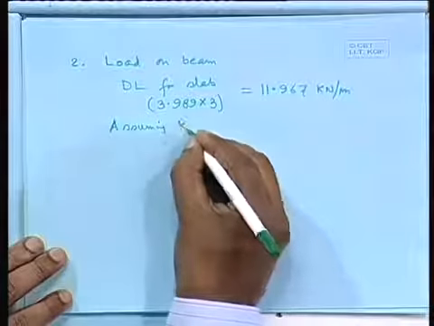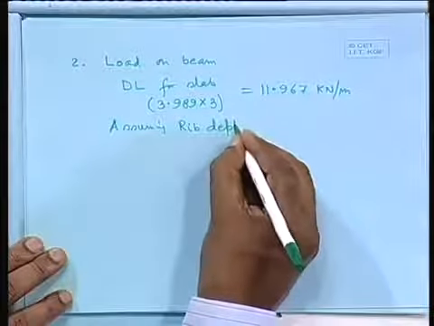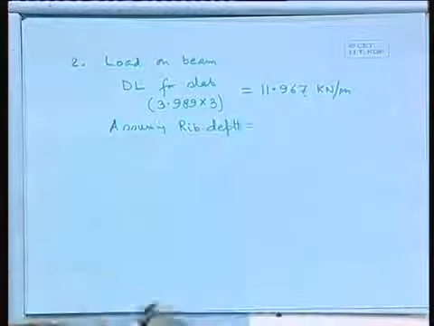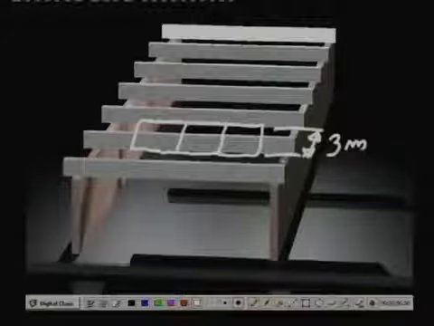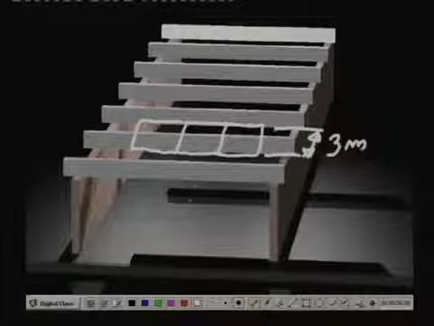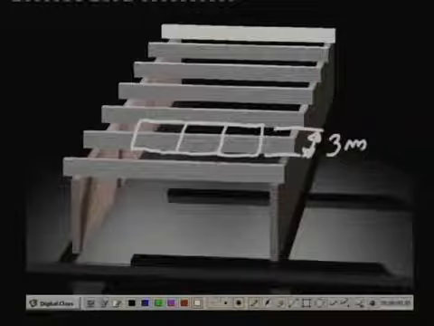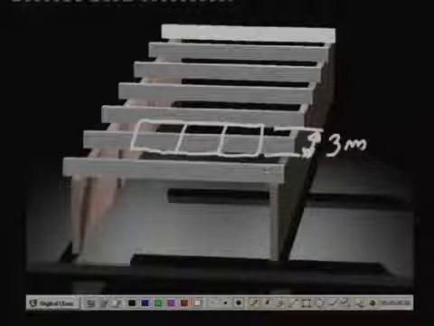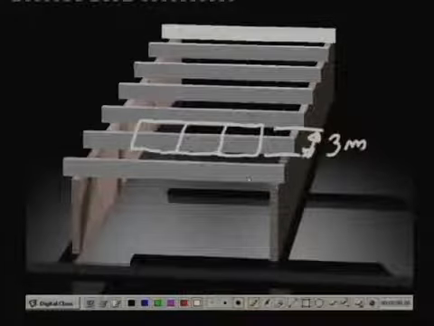For the last beam it will be only this side, half of that, meaning 1.5, if there is no overhang, that is, if the slab ends right here. But if there is something like 0.3 meter on this side also, then you have to take that too, that is 1.5 plus 0.3. But in general we can say half of that. So rib depth, let us say 250 millimeter.